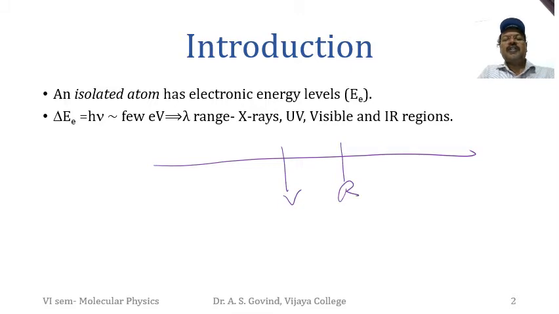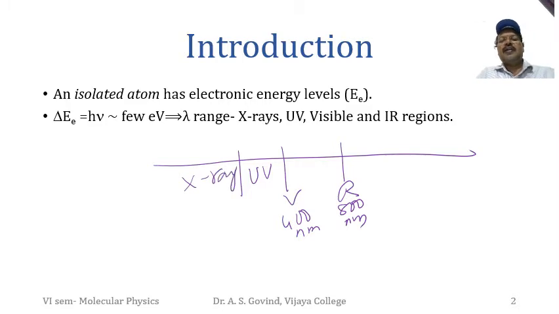That is the visible region, approximately 400 nanometer to 800 nanometer is the visible region, and shorter wavelength compared to violet, that is ultraviolet, and still shorter is X-rays, and beyond red you have infrared, and beyond that you have micrometer, that is all the microwave. So here you are also having the infrared.